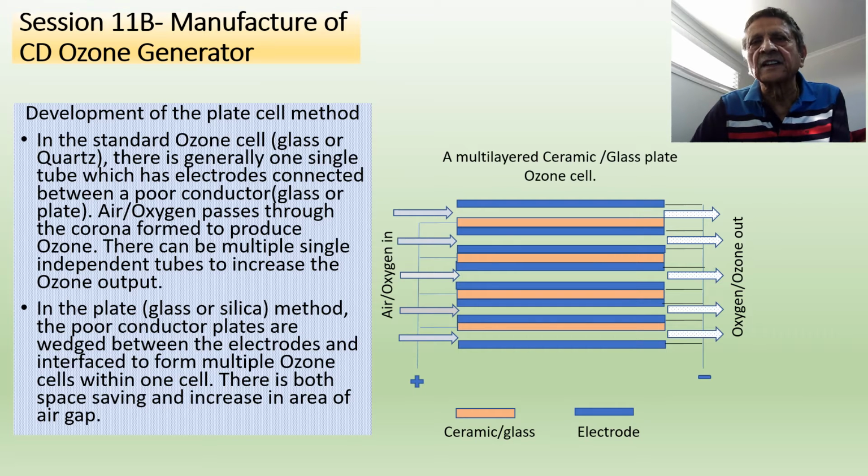As usual, there's a limitation on the length of the cell, but in the plate method we can create so many plates in such a small space that we are able to produce a very high output of ozone.